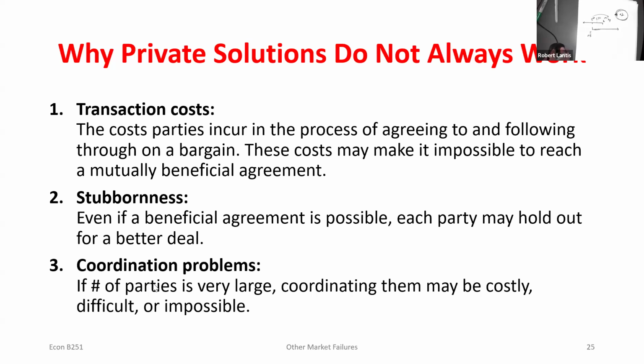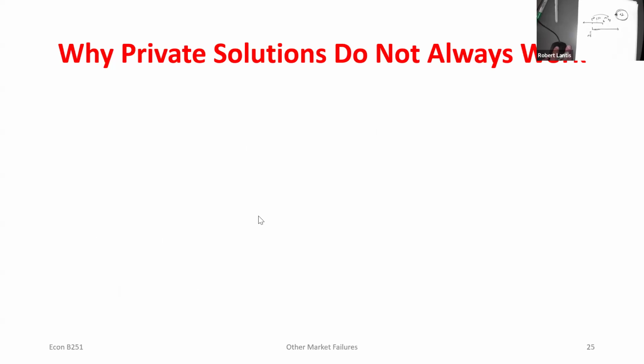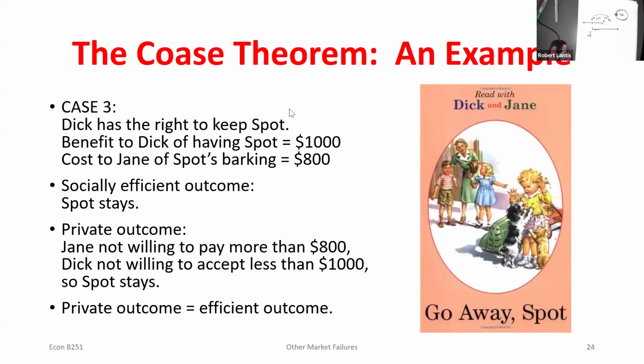The more people you have, the harder it is to find mutually beneficial solutions, or evaluations that would work for every party involved. This is something we'd dive into in a higher level econ course. But just to be complete in our discussion, these are some of the things that can cause Coase's theorem to break down, where even though we allow people to bargain, we might not see the private outcome end up being the socially efficient outcome. Okay.